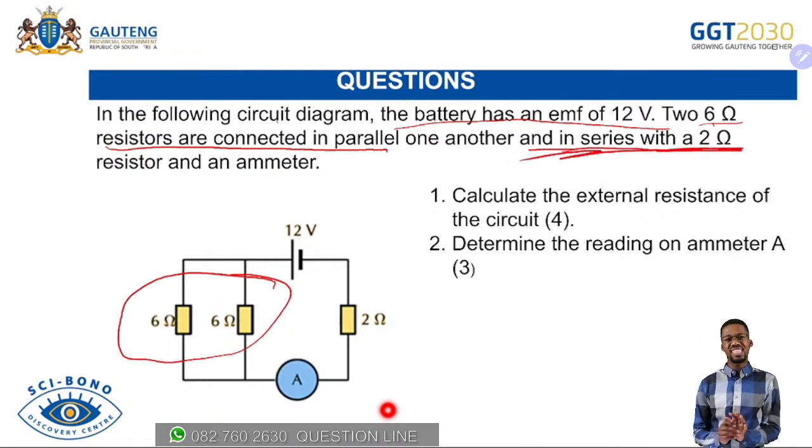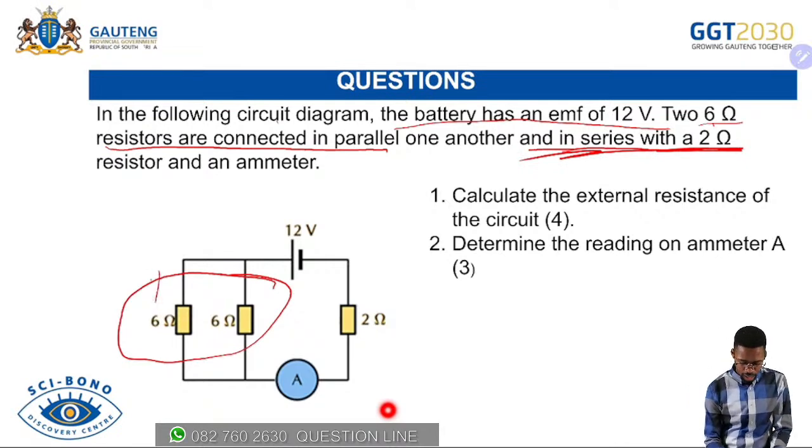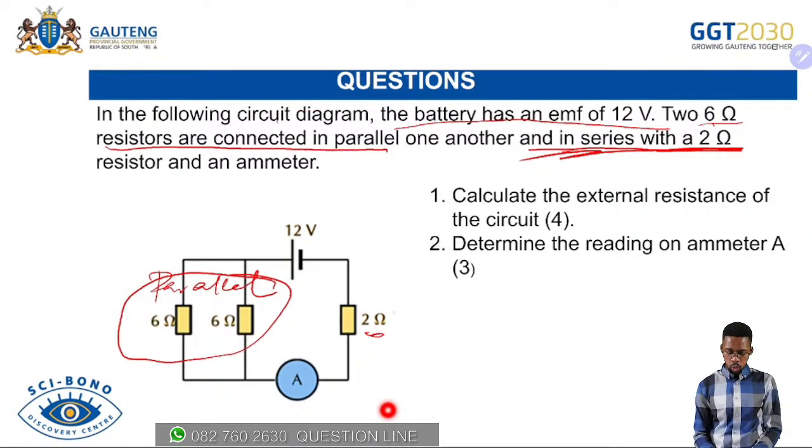So the statement is telling us that the 6-ohm resistors are connected in parallel, and they are in series with the 2-ohm resistor. And we do have an ammeter that reads the current there. So this is what the statement is saying, and already you analyze the diagram and extract the information that you need.